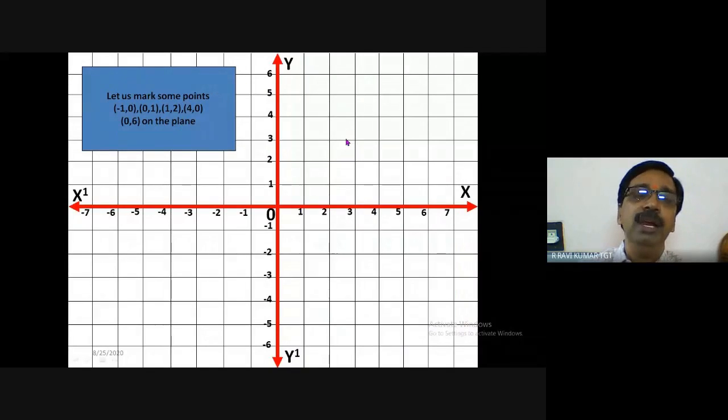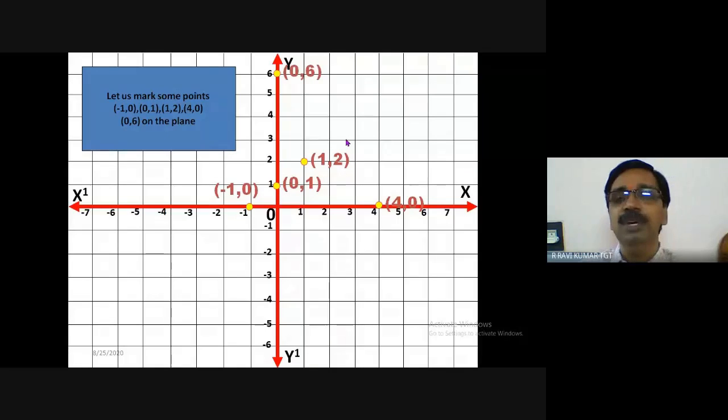Now, let us mark points (-1, 0), (0, 1), (1, 2), etc. It is going quickly because you all know this. (-1, 0), (0, 1), (1, 2), (0, 6). Placing it, it will come here on the y-axis.